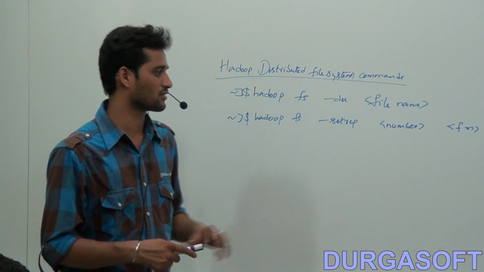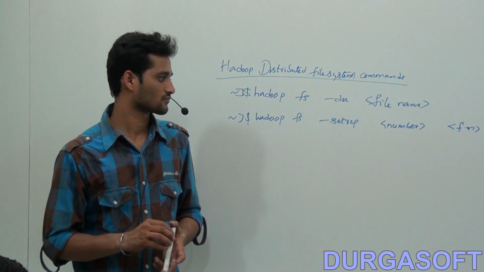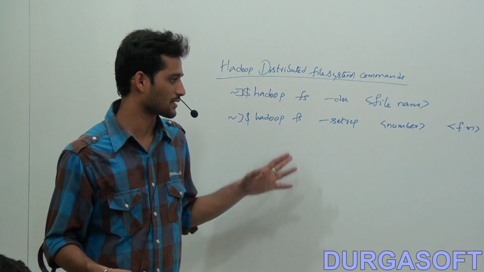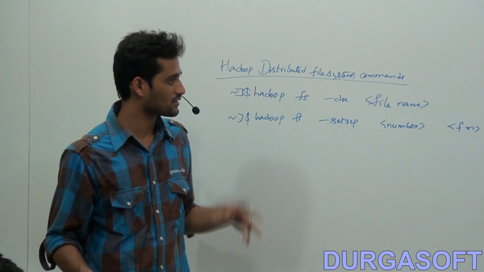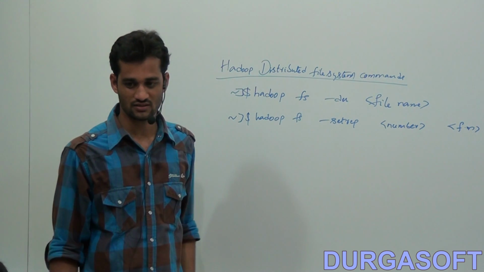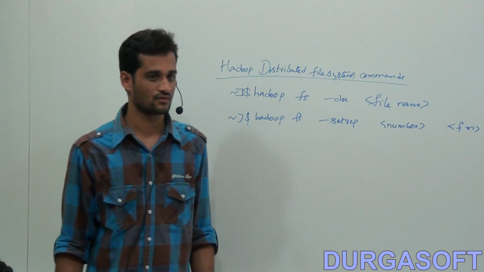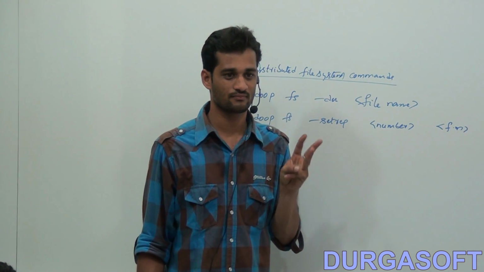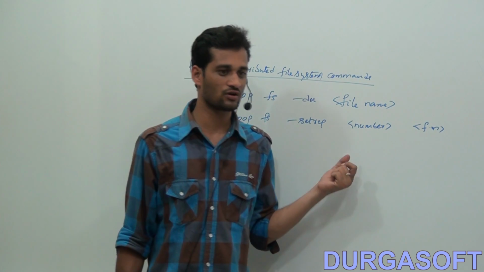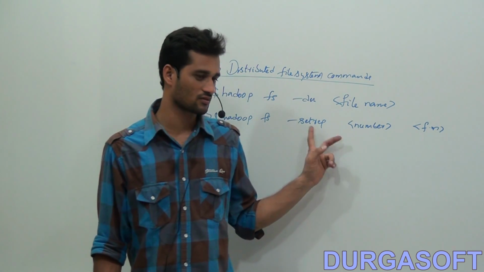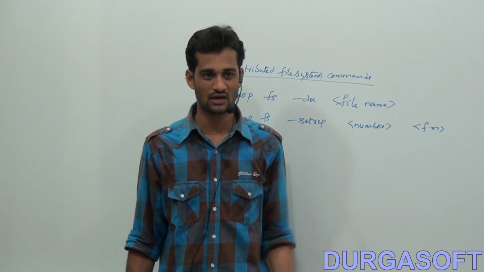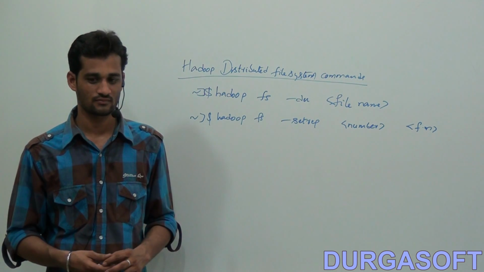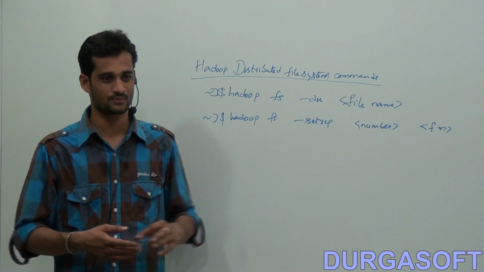But by default it is 3. Now if you want, you can make it more or less using -setrep, only for this file. It is redundant data, simply a backup.